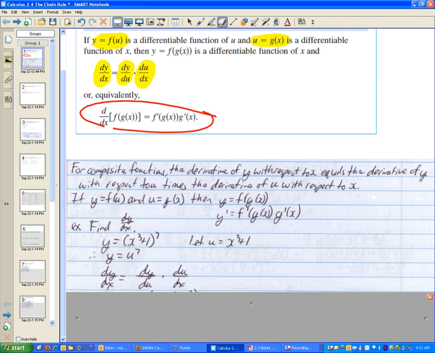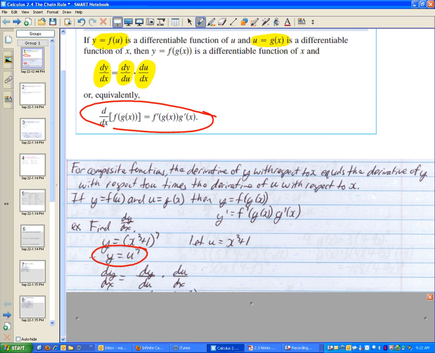So we need to figure out what dy du is. That's the derivative of y with respect to u. Look, right there. If I said take the derivative of that, it's 7u to the 6th. It's just the power rule, isn't it?